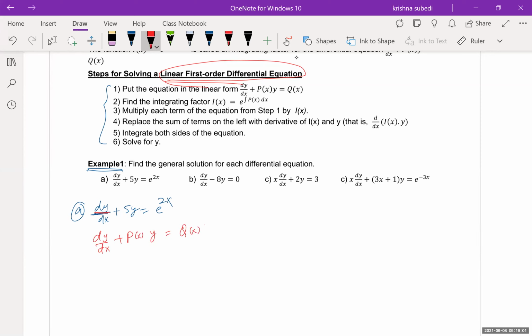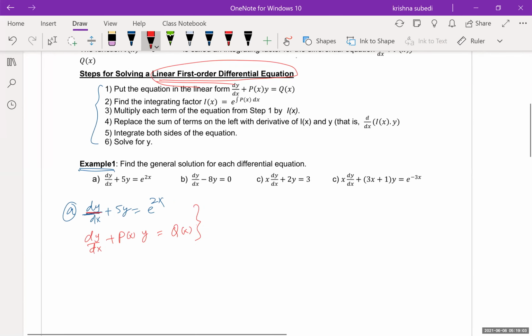This is the standard form. Now you compare these two. When you compare them, what is the value of P? You know that the value of P is 5. If you compare with dy over dx, P of x is 5, y is y, and Q of x is e to the 2x.